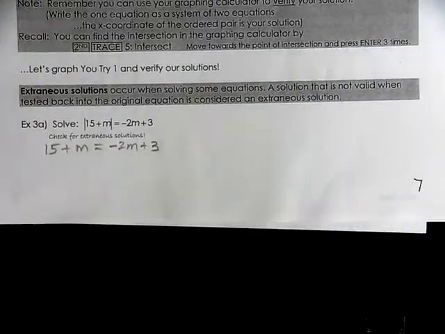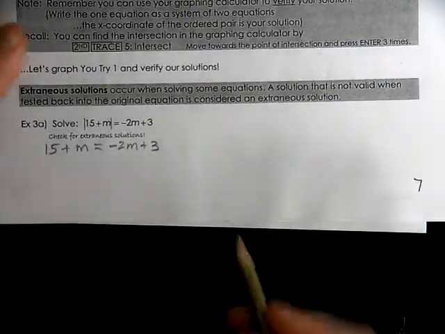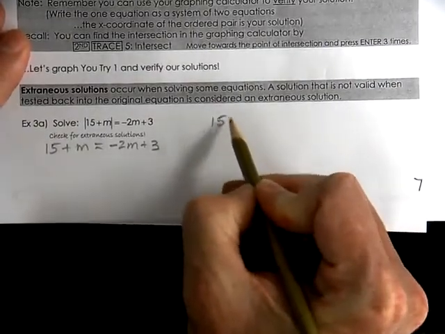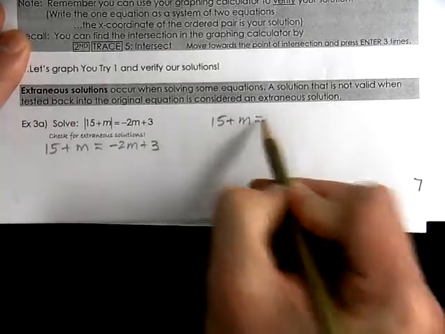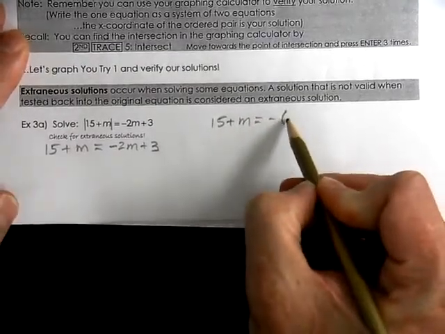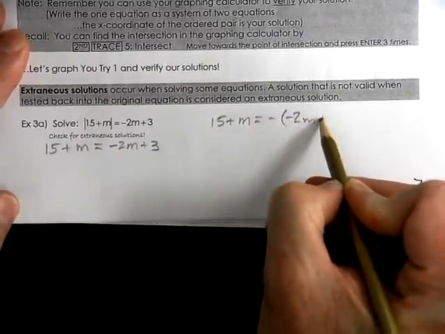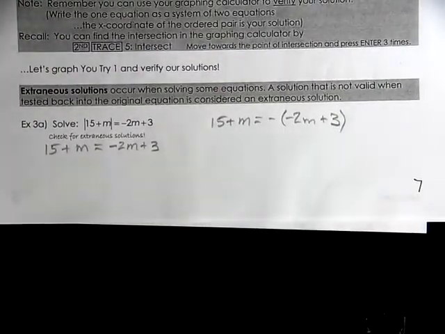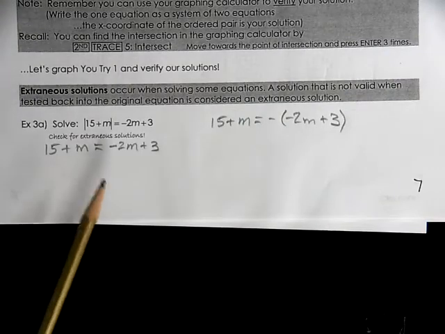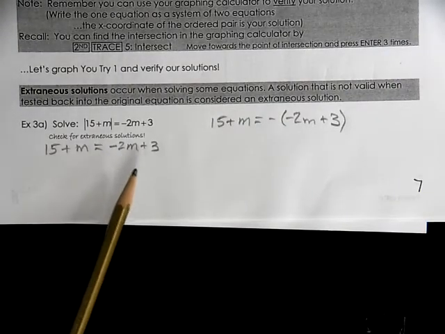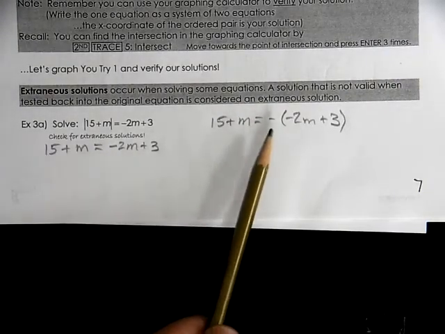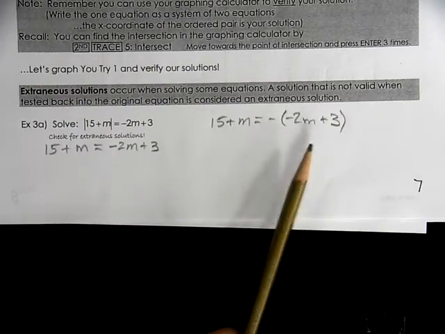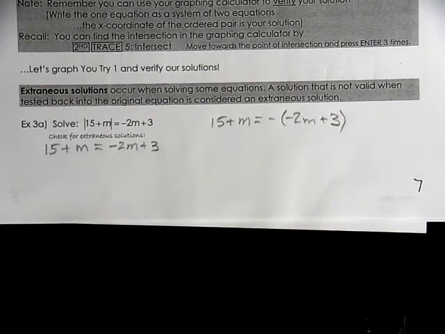Even if it's negative, you equal it to exactly what's there, and then you're going to treat it to be the opposite. We're going to solve it with the positive, negative 2m plus 3, and we're going to do it with the opposite of negative 2m plus 3, just like we had done before.